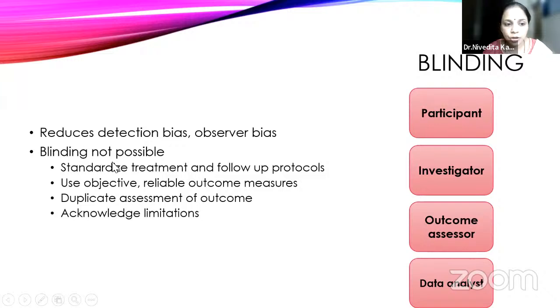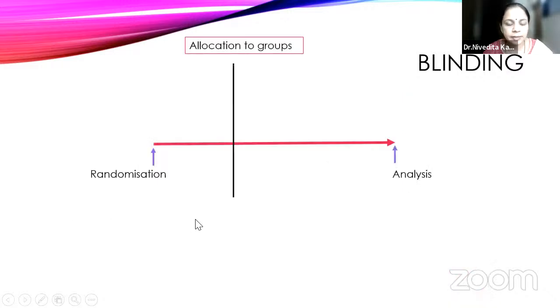Again, if blinding is not possible, standardizing treatment and follow-up protocols, which are the same for both the arms, using objective, reliable outcome measures so that there is no subjectivity, duplicating the assessment of outcome, maybe using two people to assess the outcome, say a histopathology slide, two different pathologists who are blinded can look at it, acknowledging the limitations in a publication.